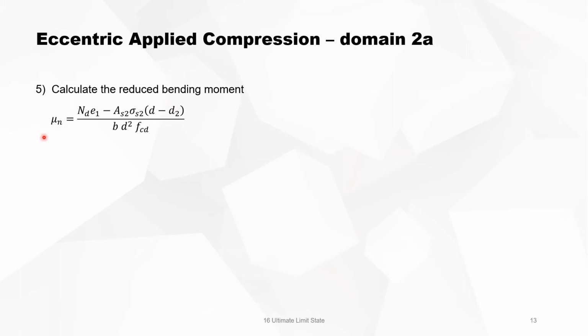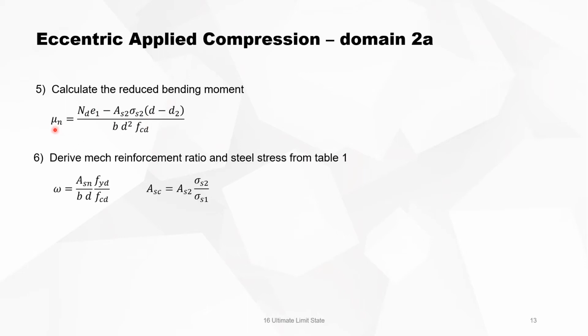Further on, we calculate the reduced bending moment with the chosen value of the compression reinforcement. This is real diameters and real numbers of bars. So you calculate now mu n. From mu n, again, we calculate the mechanical reinforcement and the steel stress. And if you got the steel stress, just pro rata, you know what ASC as reinforcement is.